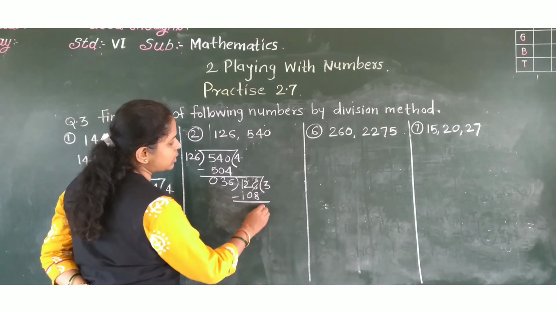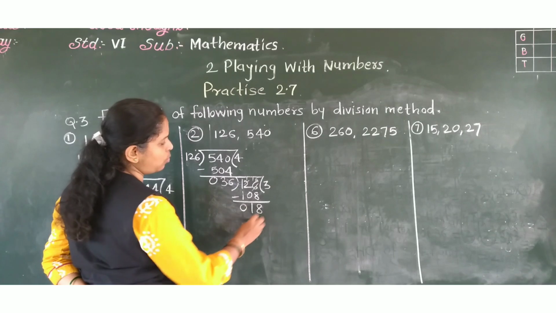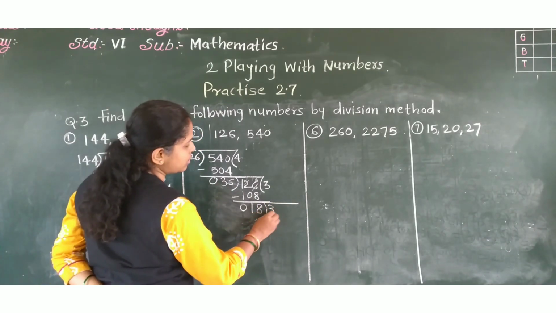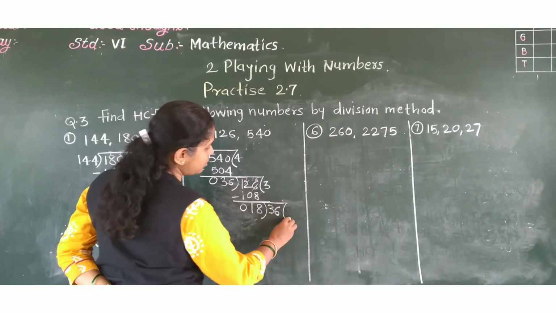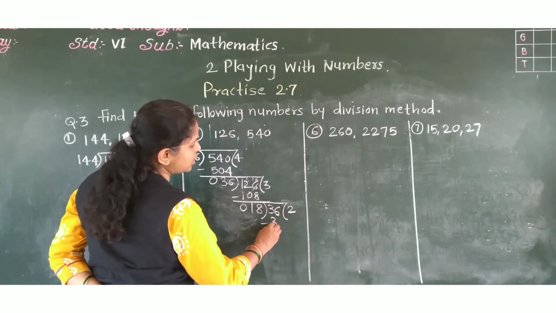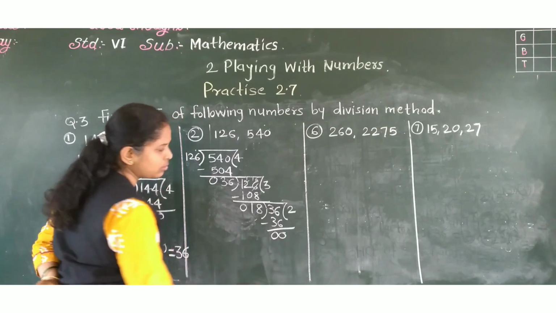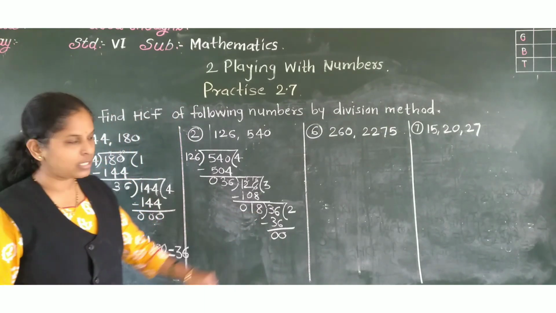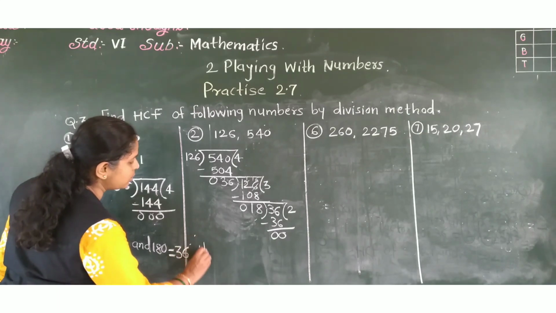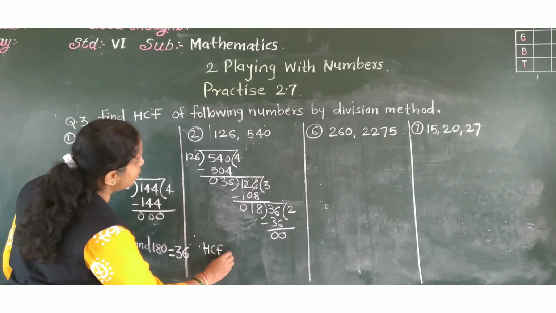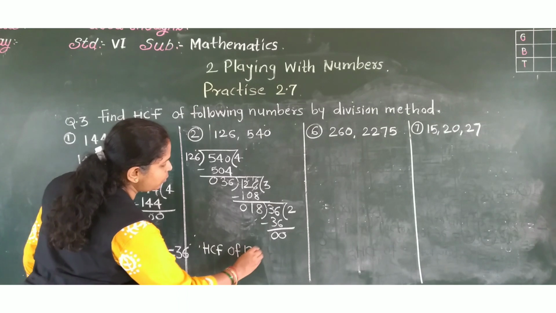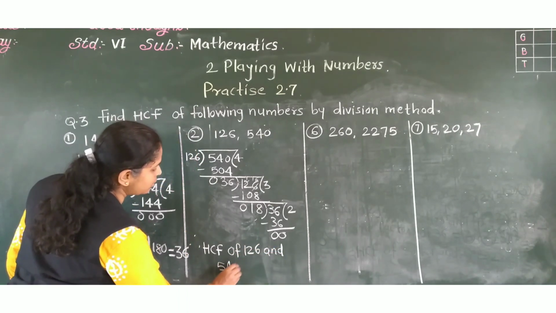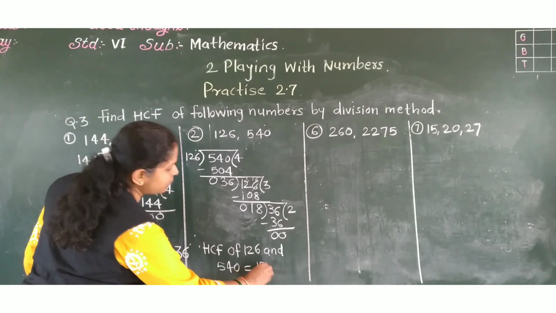Here 1, 16 minus 8, 8. Here 1, 1, 0. So now 18, and divide this 36. Okay. 18 2s are 36. Because of 18, after dividing by 18, we got remainder as 0. Therefore, HCF of 126 and 540 is equal to 18.